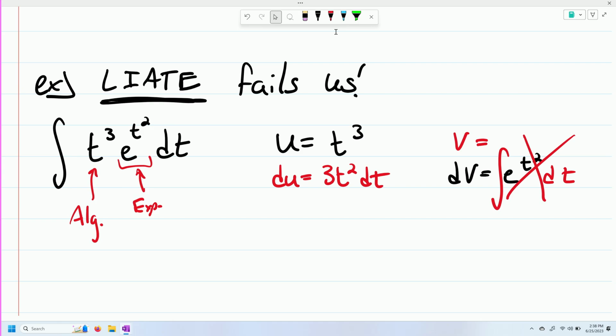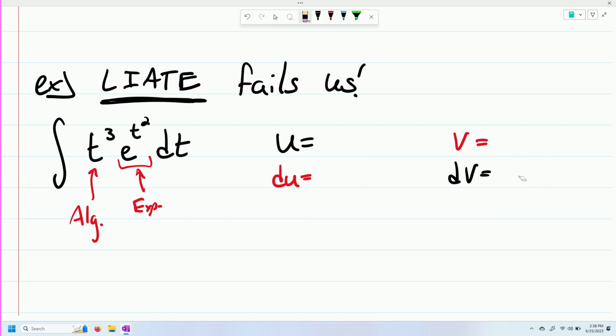So maybe let's switch it up a little bit, okay? Let's switch this up a little bit. So let's try choosing some other stuff. In other words, let's go ahead and let's try u equals t to the second.